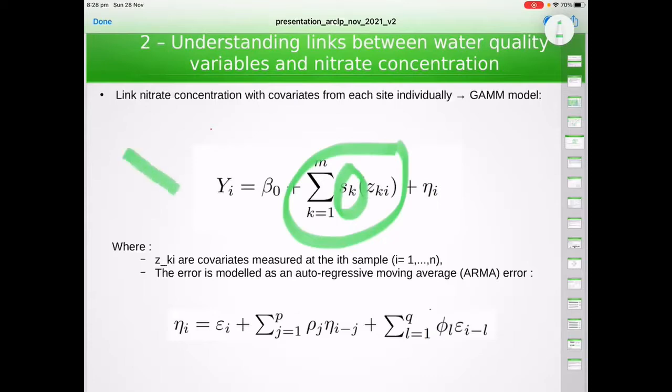We have one model for each site, because we have heterogeneous data. And this small term is the error, which is modeled by an ARMA error, an autoregressive moving average, to take into account that we have time series data, with one data point every 15 minutes. So this is basically the model we want to deal with.